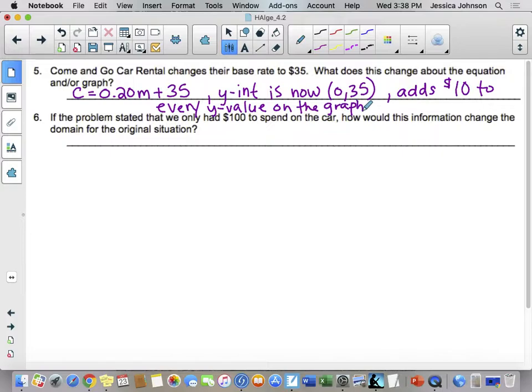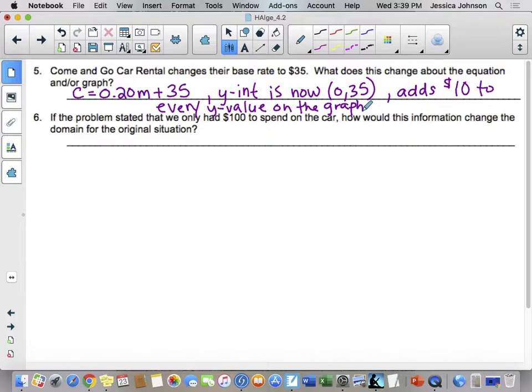All right. Number 6, it says, if the problem stated that we only had $100 to spend on the car, how would this information change the domain for the situation? So our domain before was that our M could be greater than or equal to 0. Well, if we only have $100 to spend on the car, that's going to change things.